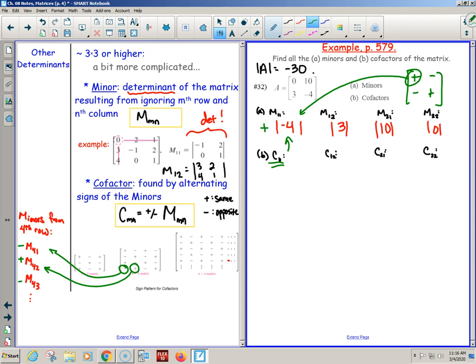Where did this guy come from? He came from 1, 2. What spot would this sign have? A negative. So that's how you make the cofactor. So the answer is the plus determinant of -4? Yep. Or keep the same the determinant of -4, and then make the opposite the determinant of 3.